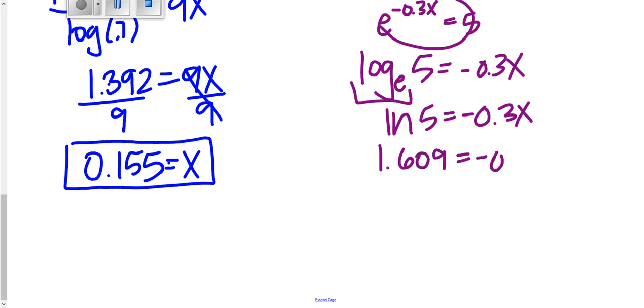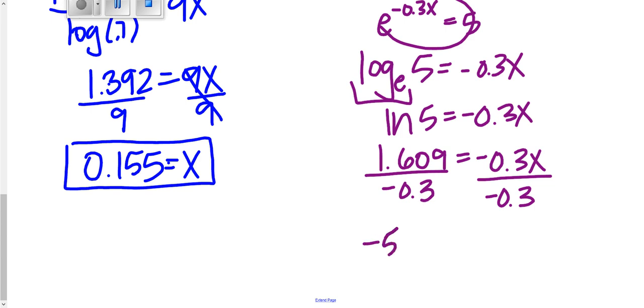That's equal to negative 0.3x. And so now I have to divide by negative 0.3 to get x by itself. I use my calculator. And I'm getting a final answer of negative 5.365 for x.